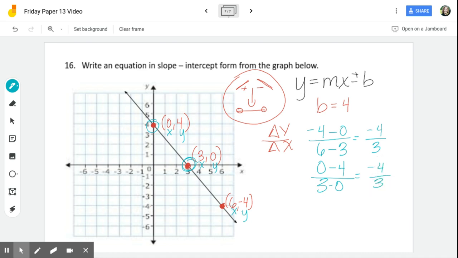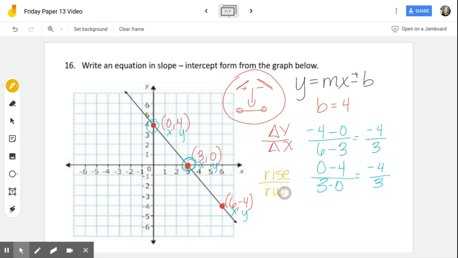Do you see how we have a constant rate of change? And that's another name for slope. Another name is constant of proportionality. There's a lot of names for slope. So the slope here is -4/3.